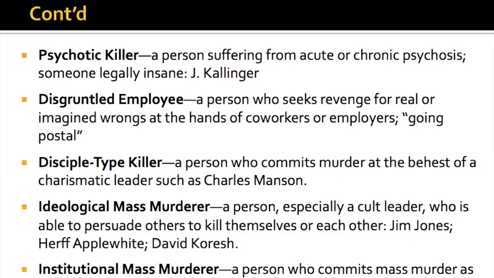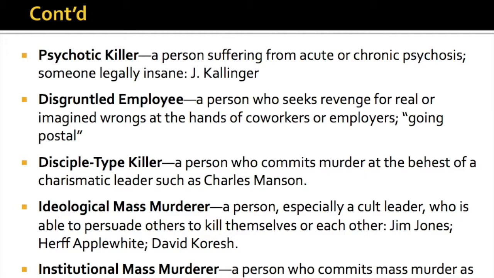Psychotic killers, a person suffering from acute or chronic psychosis, someone legally insane. A disgruntled employee, they always talk about going postal. A disciple type of killer, a person who commits murder at the behest of a charismatic leader such as Charles Manson. They follow someone who they are, what we determine, brainwashed by.